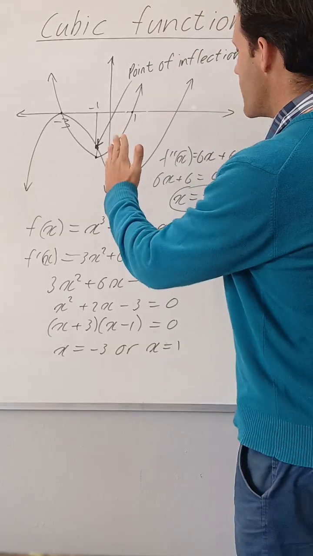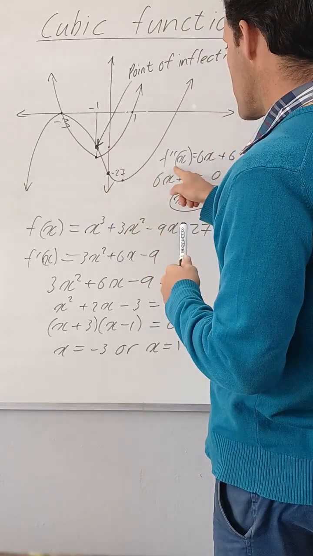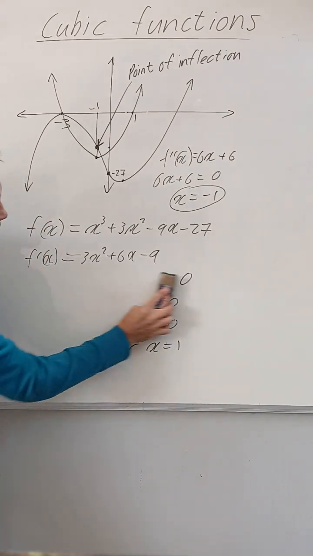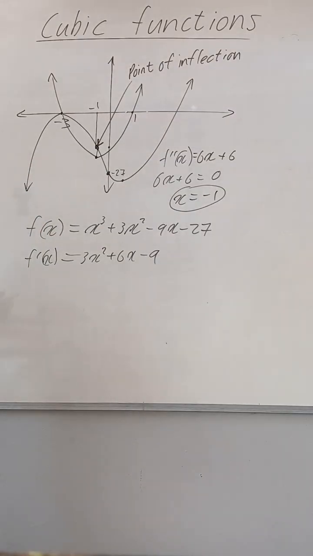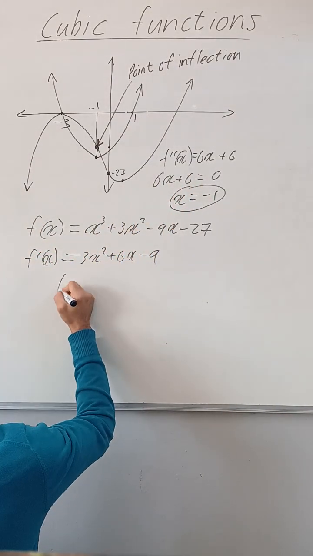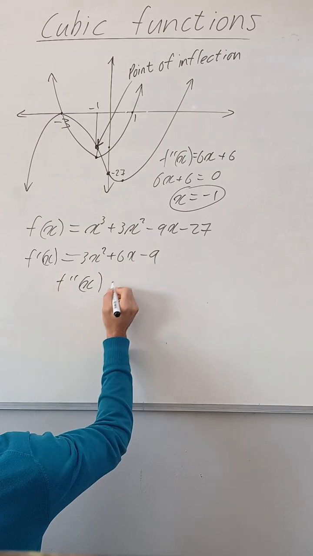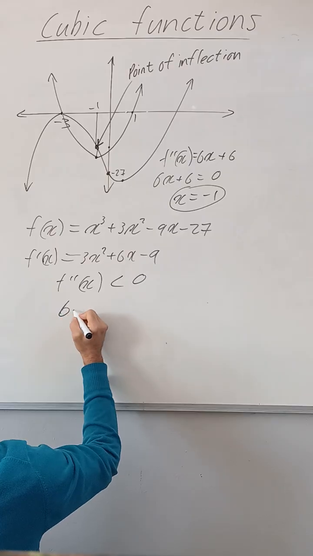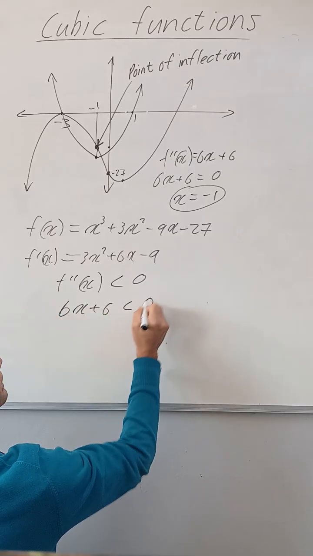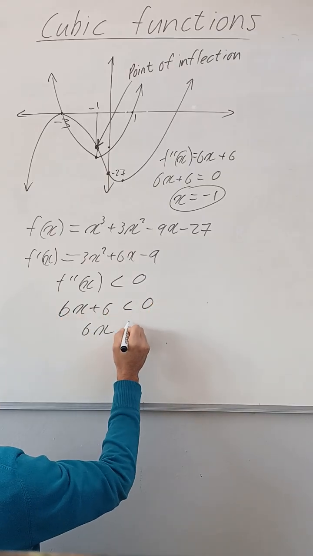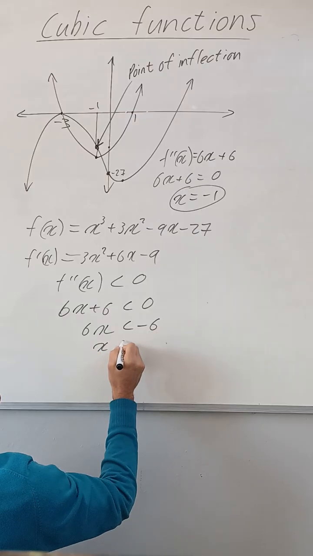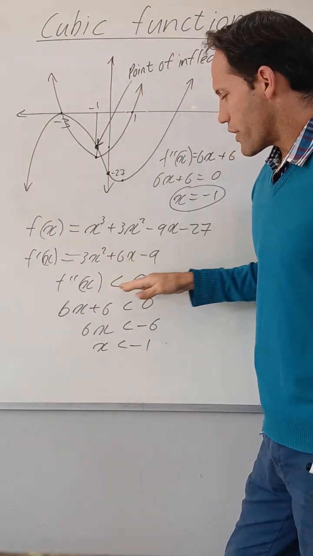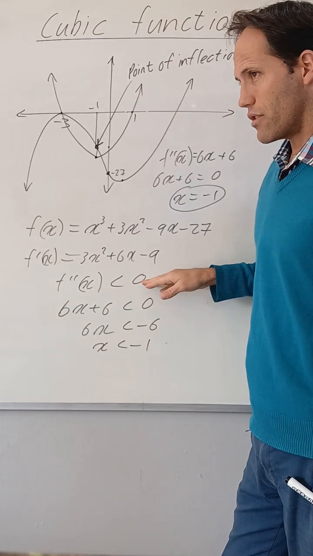It means that when the double derivative, let me just do that part quickly, when the double derivative is smaller than 0, so 6x plus 6 smaller than 0, you get 6x smaller than negative 6, x smaller than negative 1. So when the double derivative is smaller than 0, it's concave down.